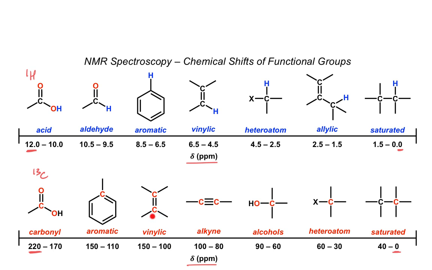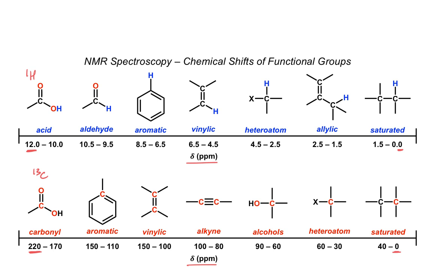I'm using this word vinylic, but these are alkenes, so sp2 hybridized carbon in alkenes. Aromatic, there's some overlap with the alkenes because they're part of this double bond looking system. And then once you get above 150, that's all your carbonyl containing sp2 hybridized carbons.